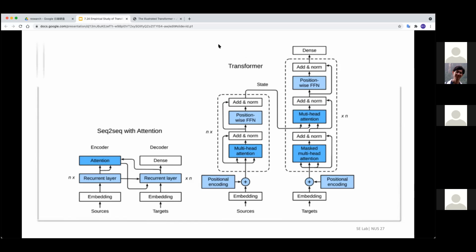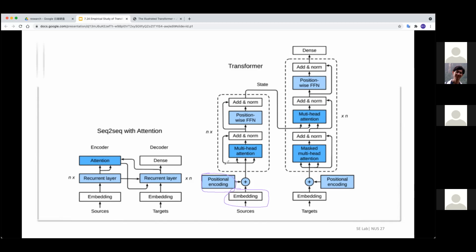The first change is the embedding. We all know that code is not actually a sequence, it is actually a tree, an AST tree. The second possible change is on the positional encoding, because it is a tree, it's not a sequence that can have an easy position encoding.